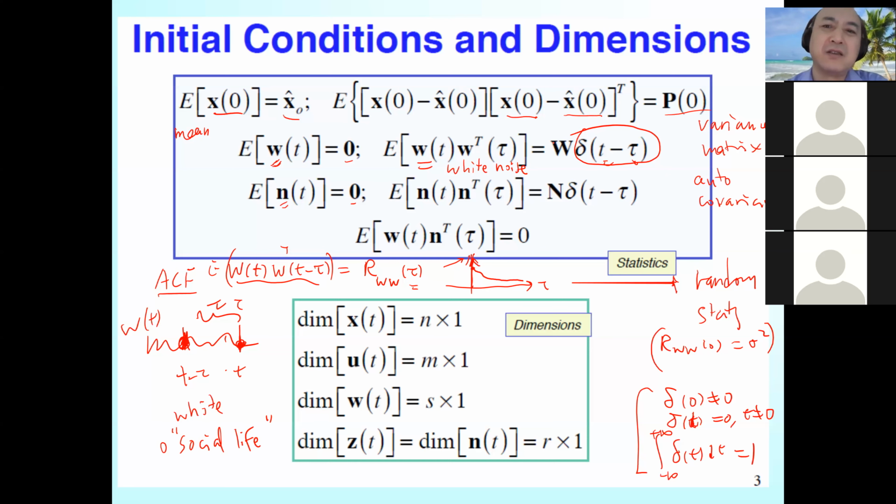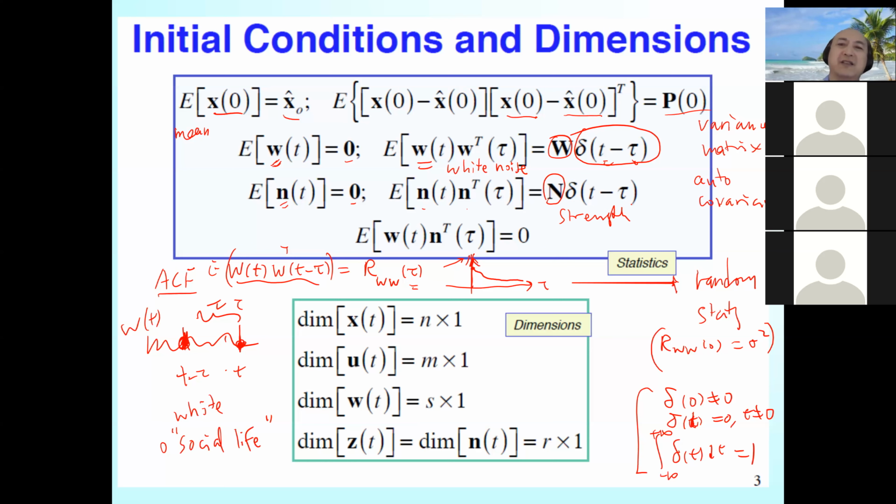So the strength is not 1, so it's W. Again, these are matrices, could be diagonal. And for N, we have the same thing. It's also white noise, and this is called the strength of the white noise.